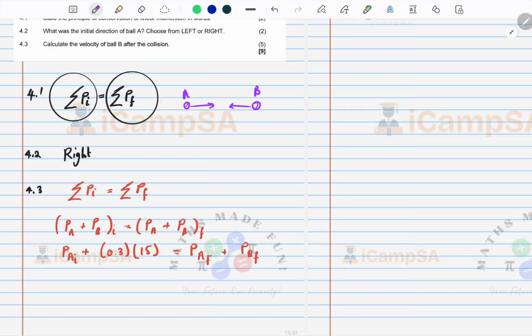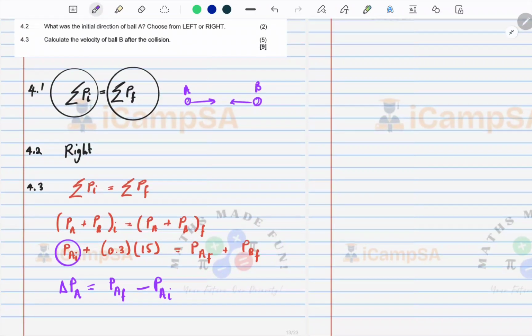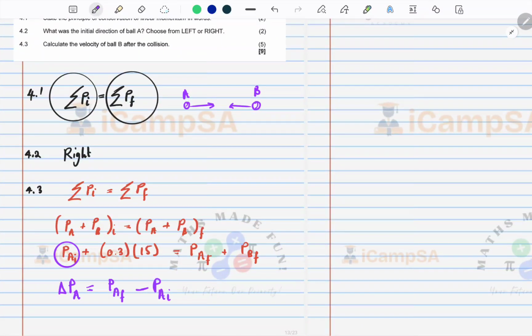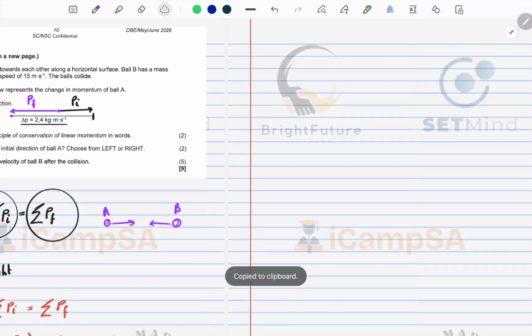Right. So now I've got this here, this is A, initial, and your final. So I can say the change in momentum for A is going to be PAF minus PAI. This is the change in momentum for just ball A. So from what I've written here, I can rearrange it so that I have the change in momentum.